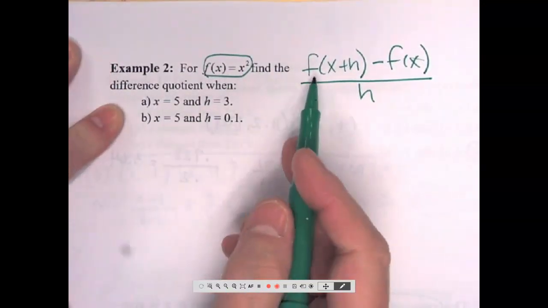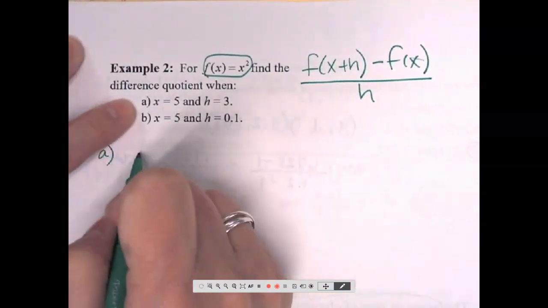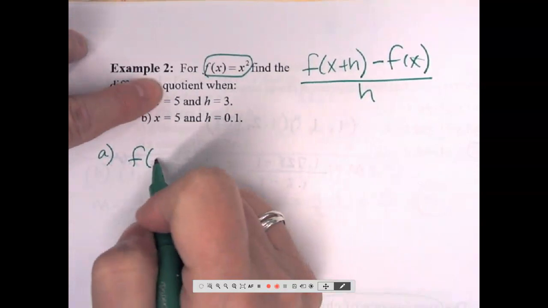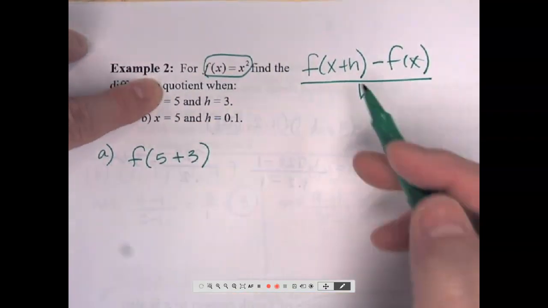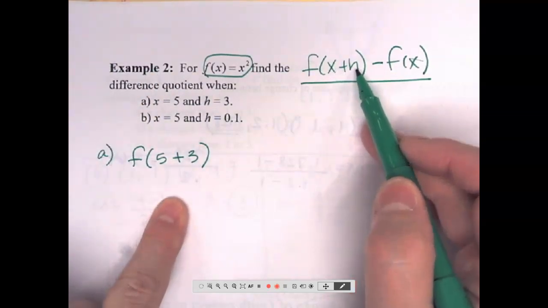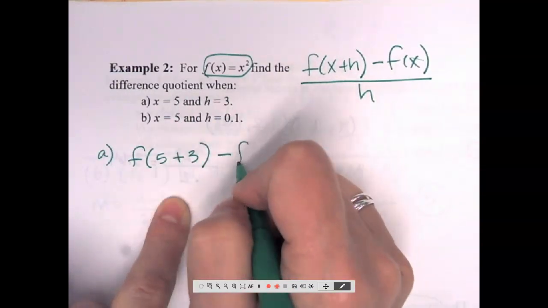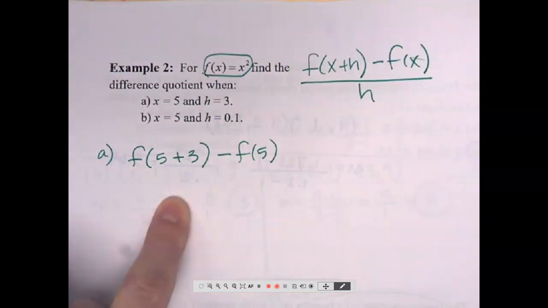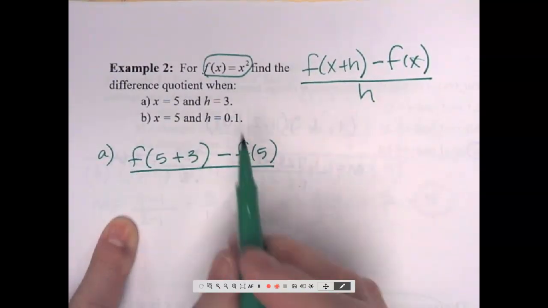When I find f of x plus h, this means f of 5 plus 3. I'm plugging in x and I'm plugging in h. Minus f of x, that means f of 5. Over h, which is 3.